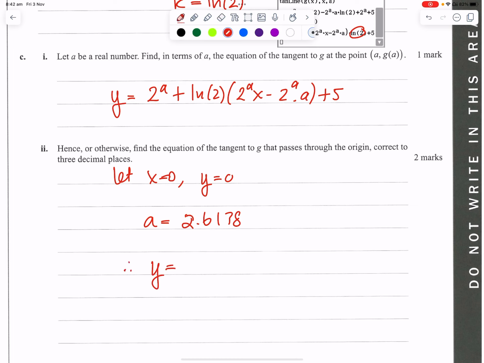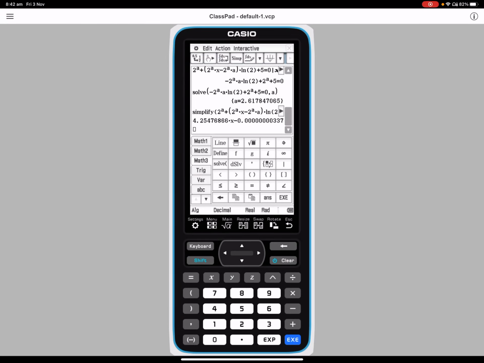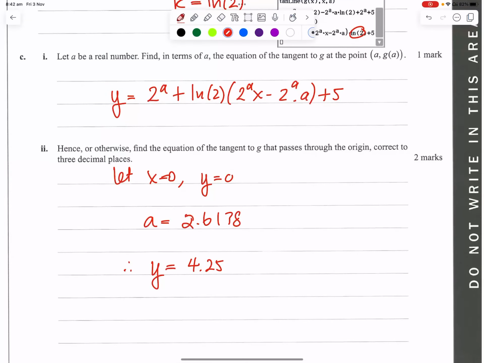Therefore, y is equal to 4.255x. I think that's right.